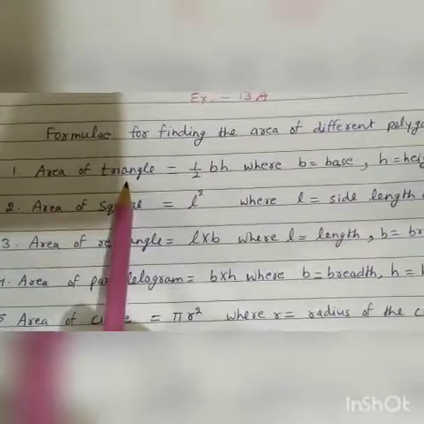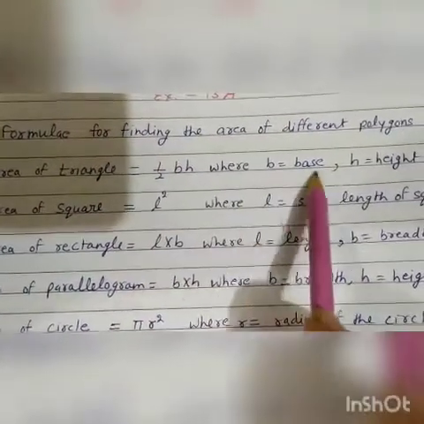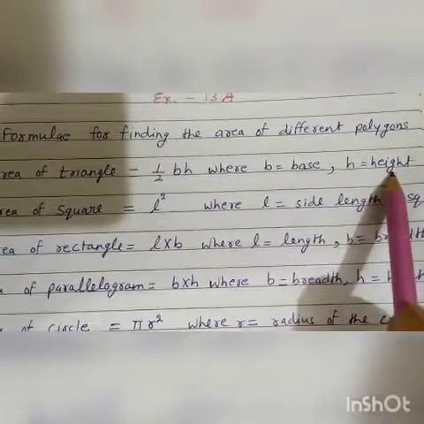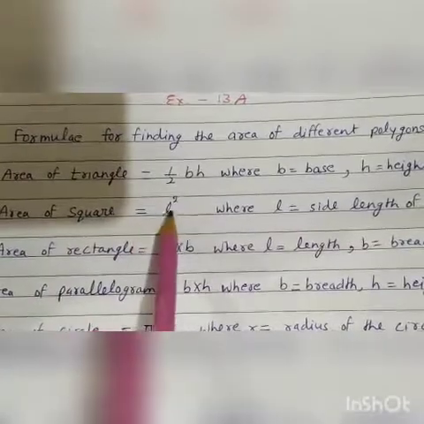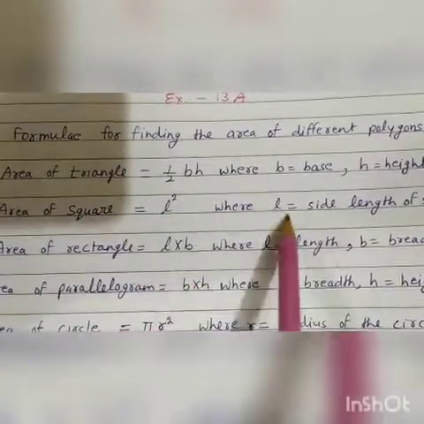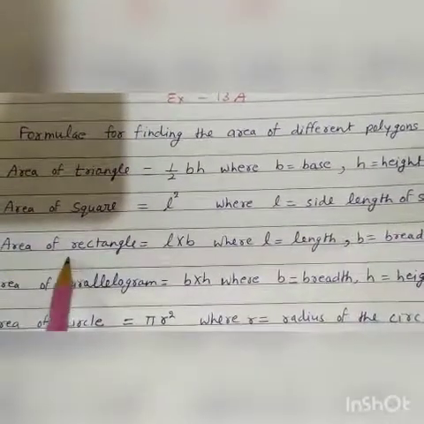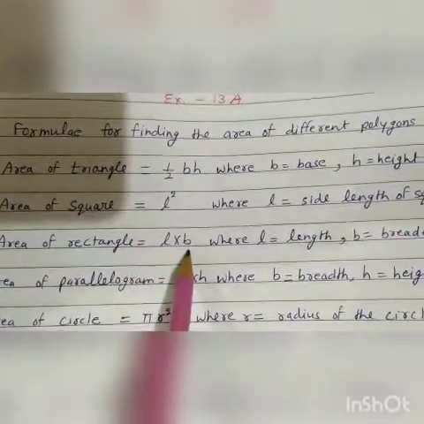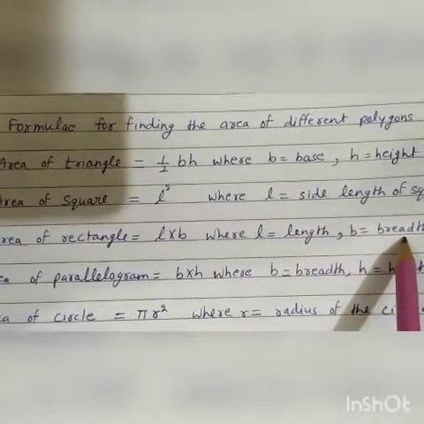First is area of triangle equal to 1/2 base into height, where b is the base of triangle and h is the height of triangle. Second is area of square, that is L square, where L is the side length of square. Third, area of rectangle is equal to L into B, where L is the length and B is the breadth of rectangle.